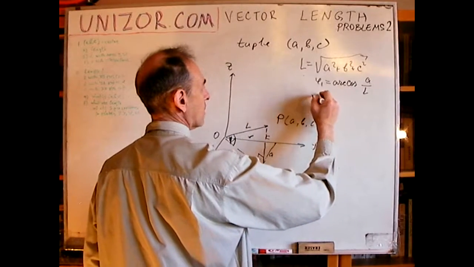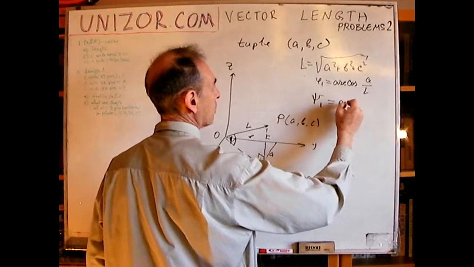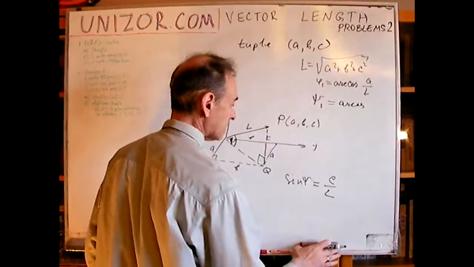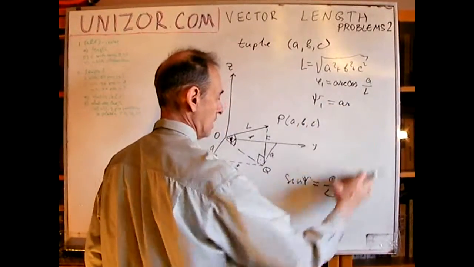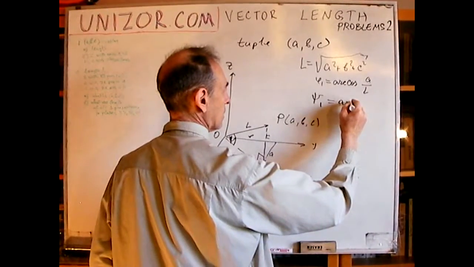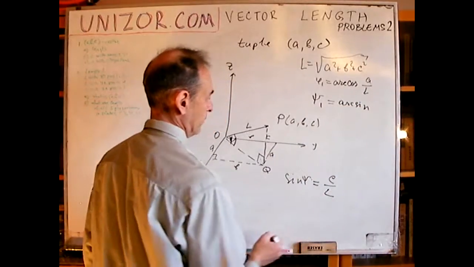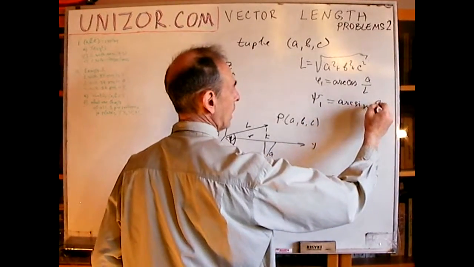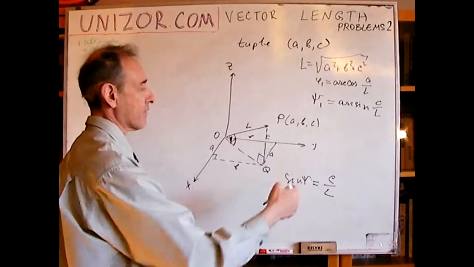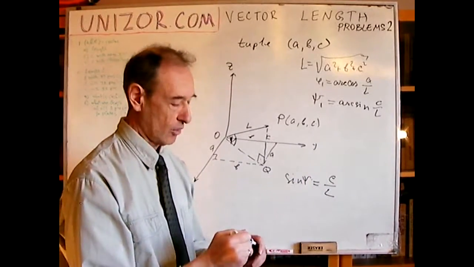Which means psi 1 is equal to arc sine. Sorry about this. Arc sine. Now, in this case, it's C over L, and in other cases, it's B over L and A over L.